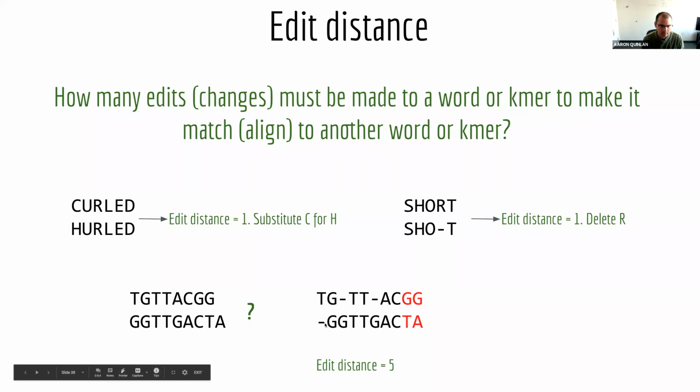We could insert a gap between these two sequences to accommodate the T. The G's match, and then we have to insert an extra G, and then we get 2 T's to match, and then we have to accommodate this extra G in the one sequence, and we have AC matching, and then we have 2 mismatches at the end. So in total, we have 1, 2, 3, 4, 5 edits.